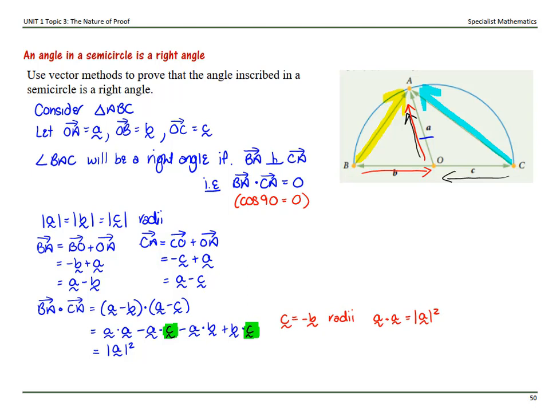So we're replacing C with negative B. So this is going to become plus the dot product of A and B, minus A dot B. Replacing C with negative B, this is going to be minus the magnitude of B all squared.